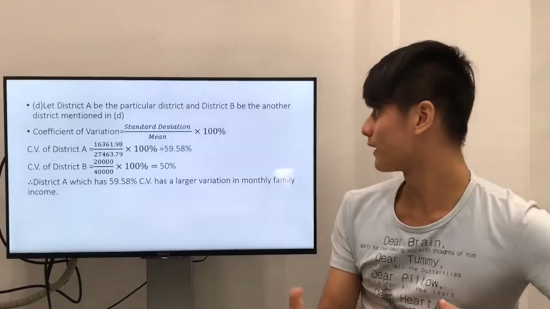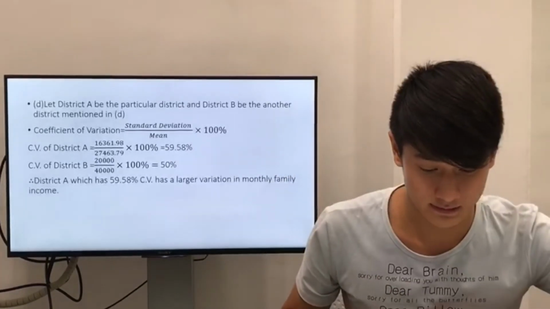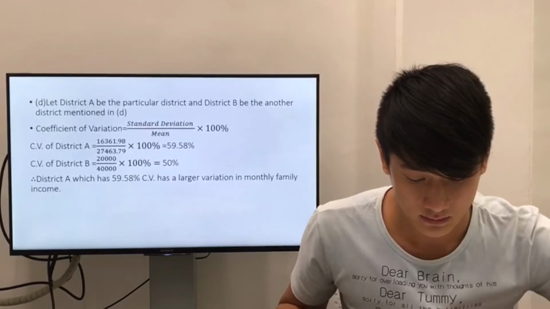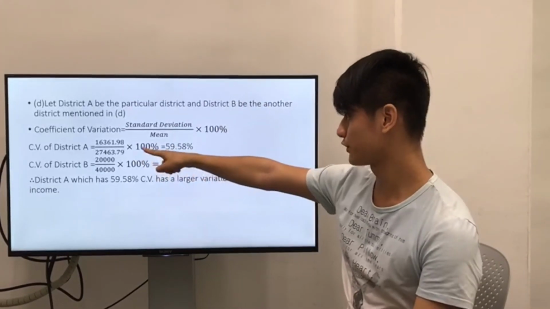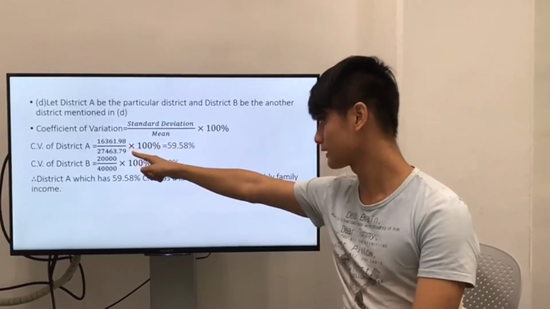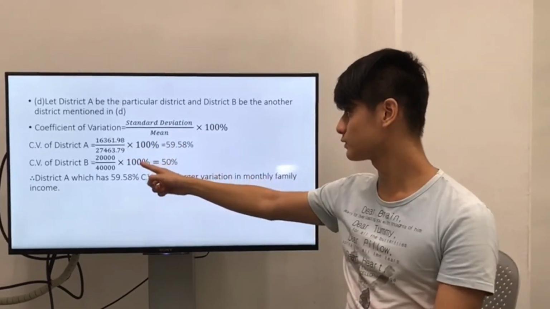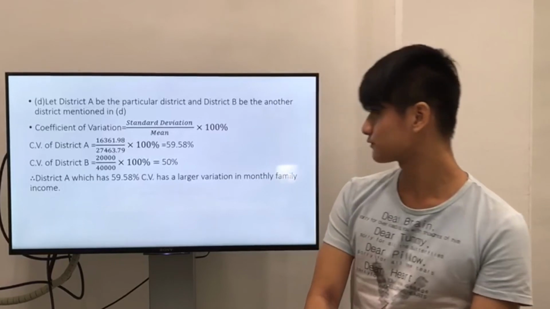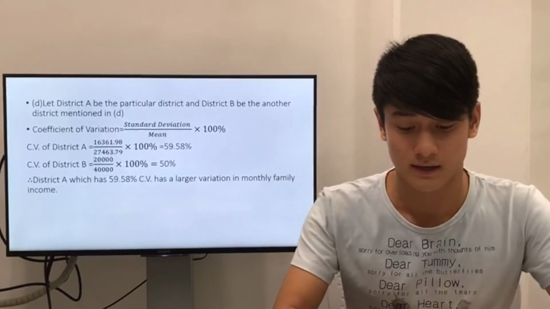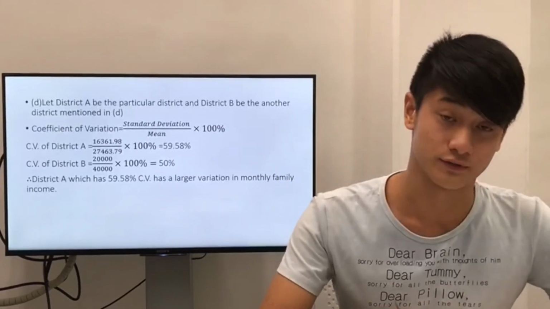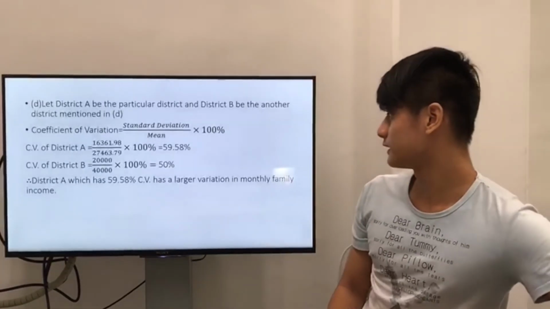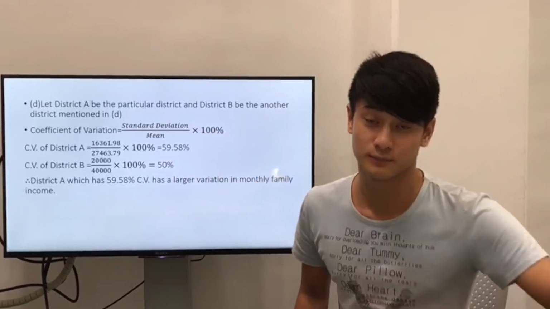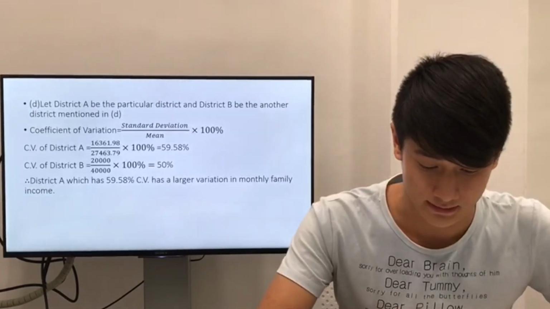According to 1A, the standard deviation and the mean are 16361.98 and 27463.79. And the formula for the coefficient of variation is standard deviation over mean times 100%.